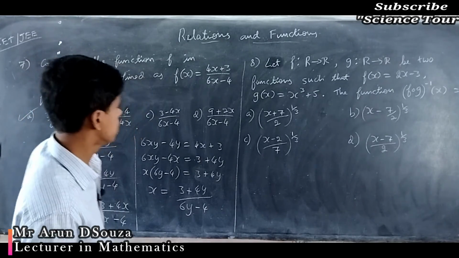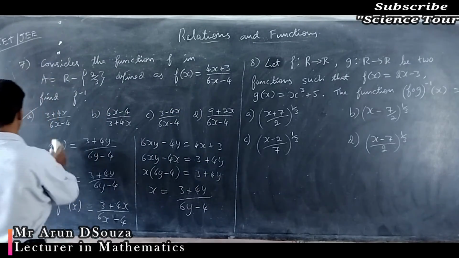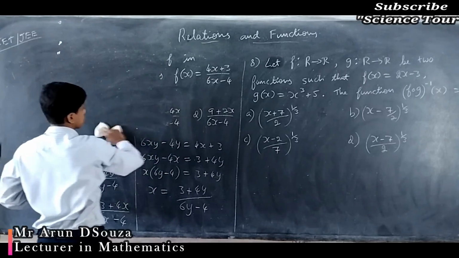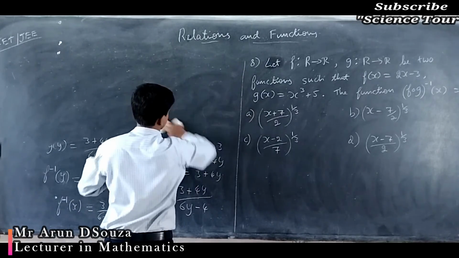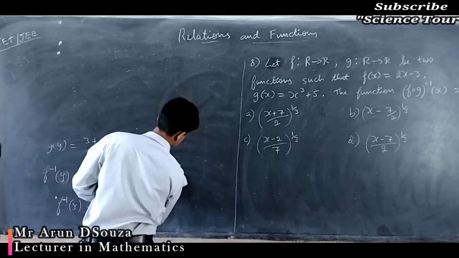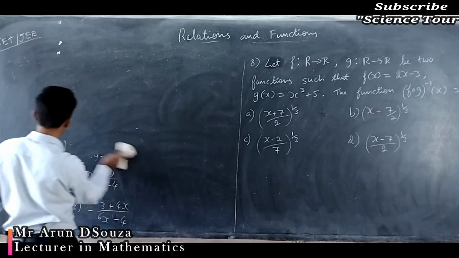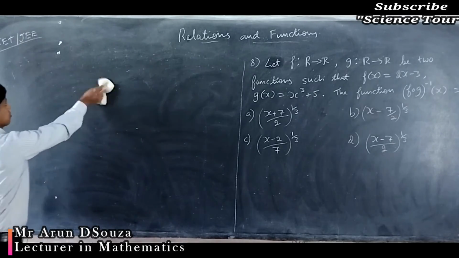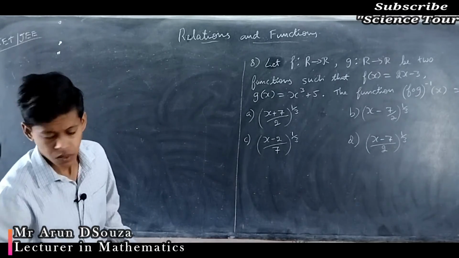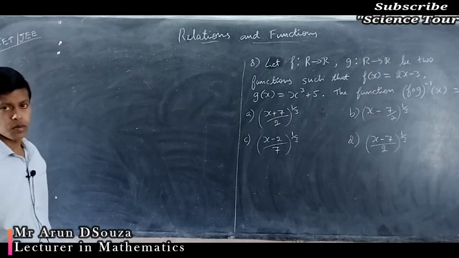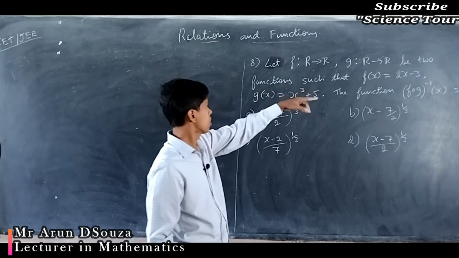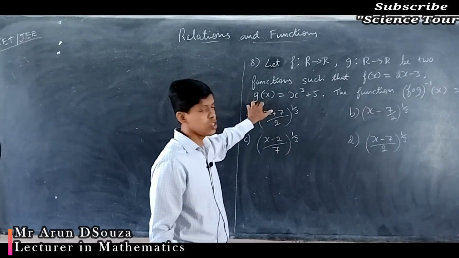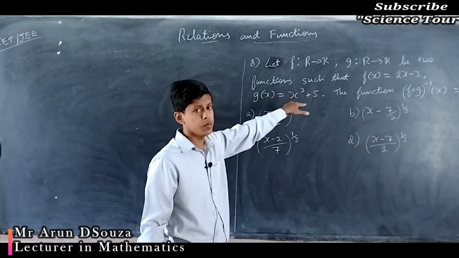Well, let's move to the next question, question number 8. Let f from R to R and g from R to R be two functions such that f of x is equal to 2x minus 3 and g of x is equal to x cube plus 5.